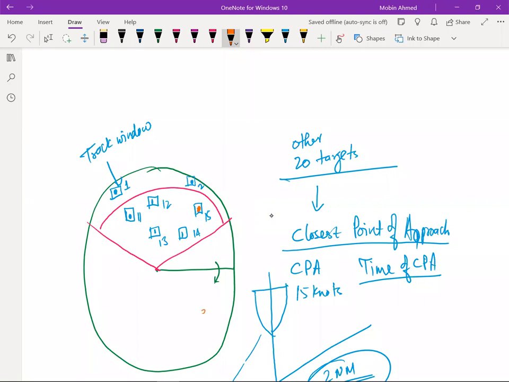If some targets are there, suppose here, and an image comes here, we say picture only. The picture of the target which is coming here means our antenna at that time is facing here. If the picture of this target is coming, that means the antenna is facing in this direction.